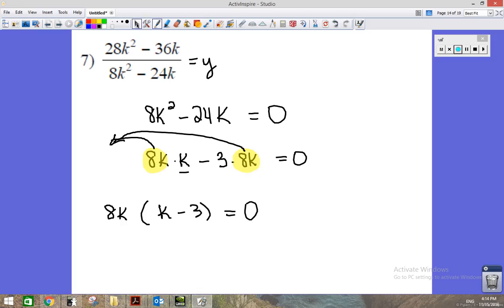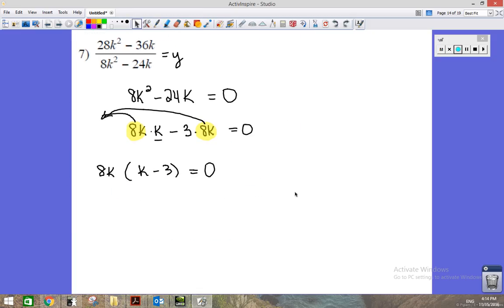So now if two numbers multiply together to give you 0, one of them or both of them has to be 0. So either 8 times k is equal to 0, well that only happens when k is 0, or if this product is 0, k minus 3 has to be 0. Well, that only happens when k is 3. 3 minus 3 is 0.